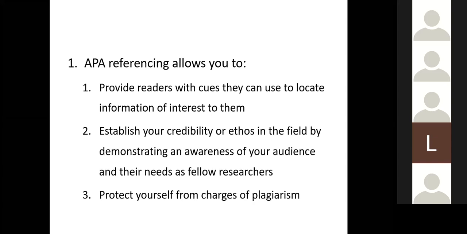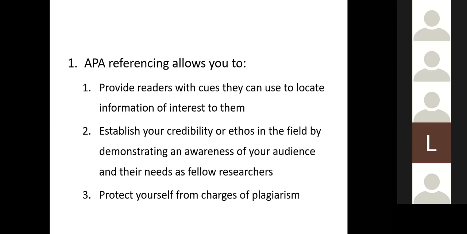And we are also saying that it establishes your credibility or your ethos in the field by demonstrating an awareness of your audience and their needs as fellow researchers. So when you use the APA referencing style, it also gives you some level of credibility in the field of research, because it means you know the do's and don'ts of research, and that is also going to guide your followers to go out there and search for this information.